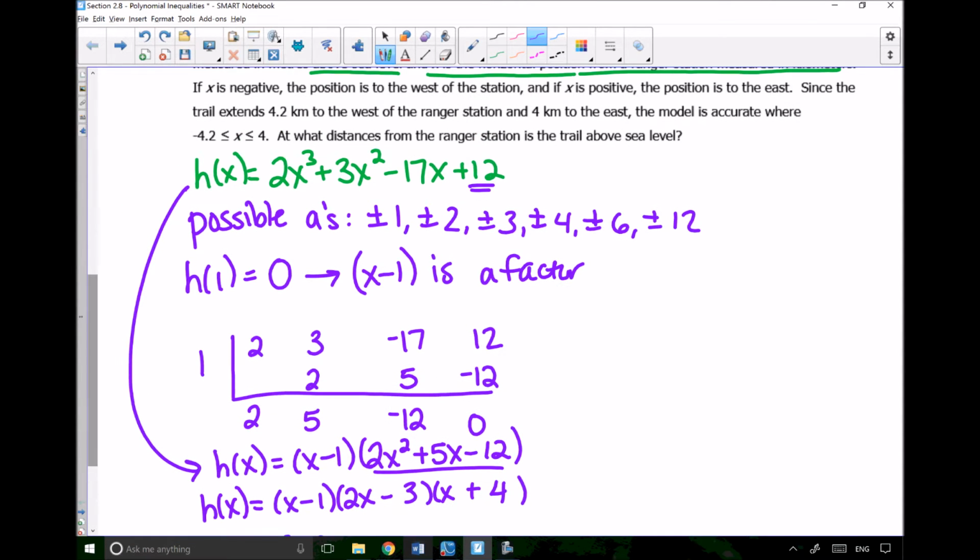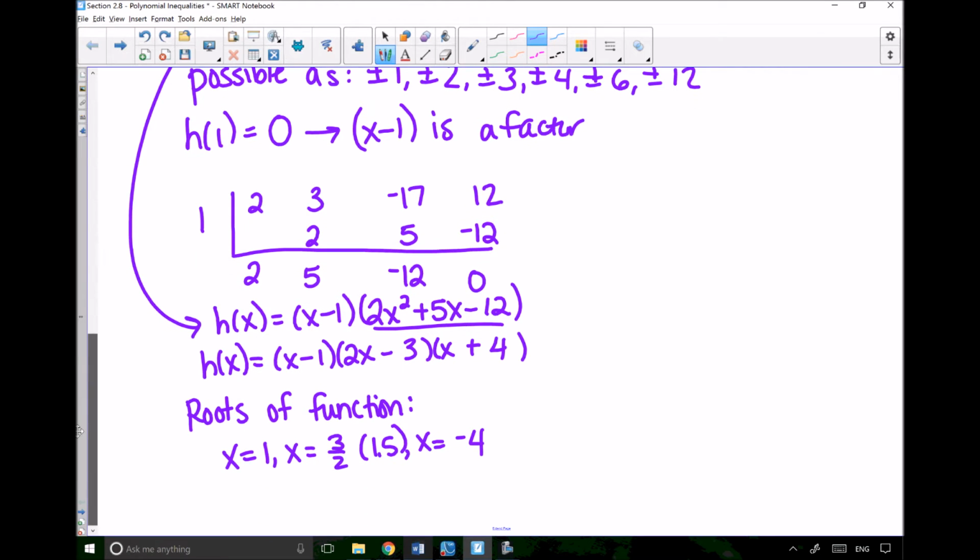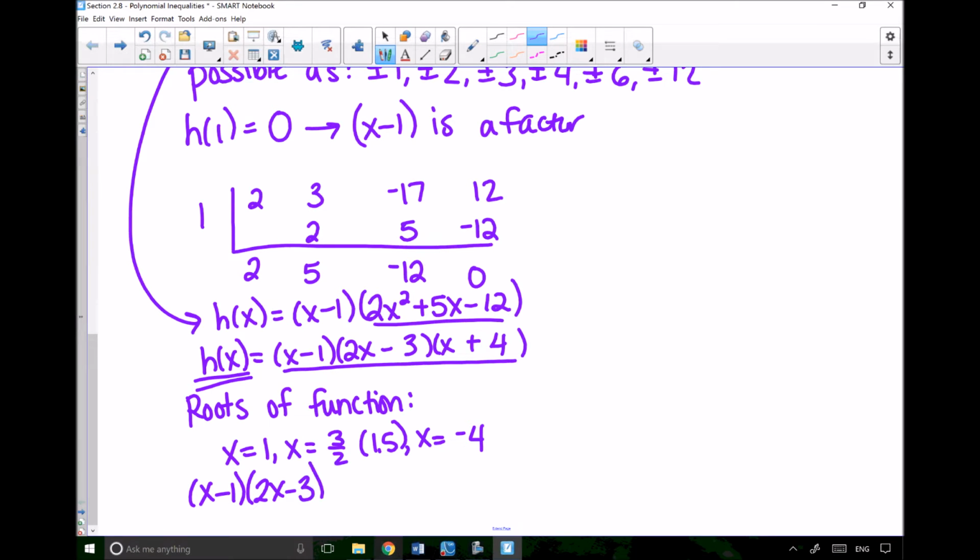But here's the key thing that I need to make sure I'm aware of. I'm looking for at what distances from the ranger station the trail is above sea level, which means I want my h value to be positive. So that means x minus 1, times 2x minus 3, times x plus 4 needs to be greater than 0, because I want it to have a height above 0 in order for it to be above sea level.